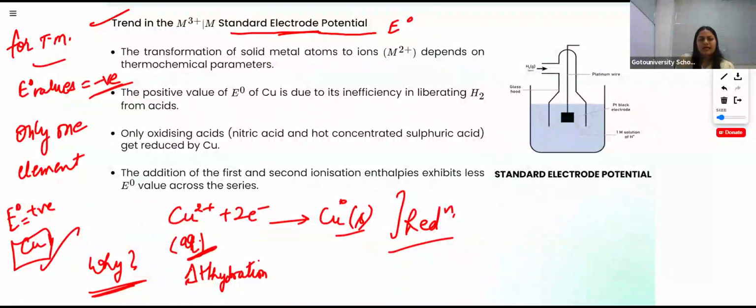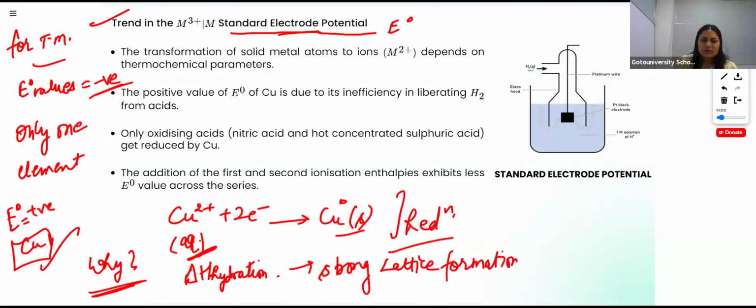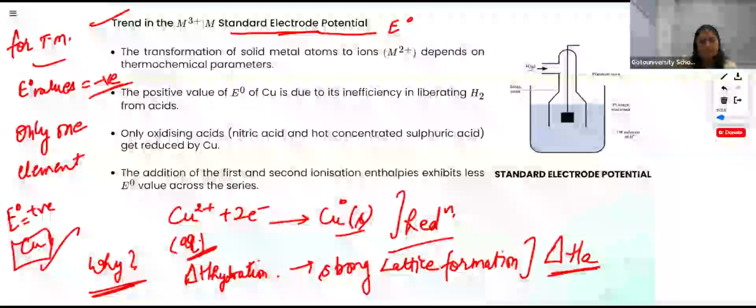And after ordered arrangement, it leads to strong lattice formation. If there is a lattice formation, that means it has strong enthalpy of atomization, which is very important.